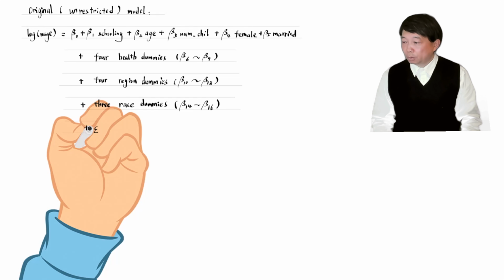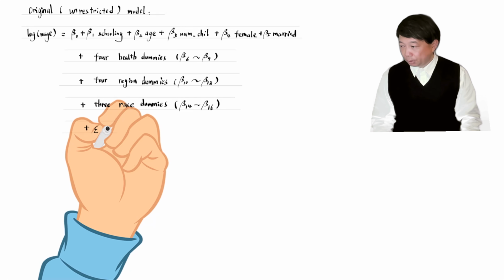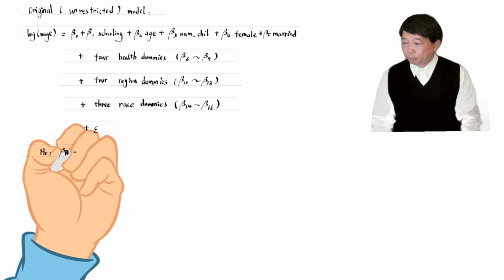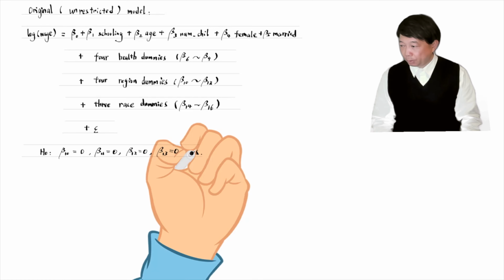Suppose we want to know whether there is no difference in hourly wage across regions after controlling for other factors. The null hypothesis is that the parameters of the 4 region dummy variables are all 0.